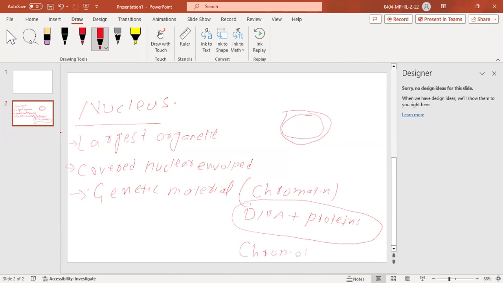Chromosome. So this coloring body, this chromosome, is formed by the combination of DNA plus protein. So it is also present. And now the question is, what is its function?